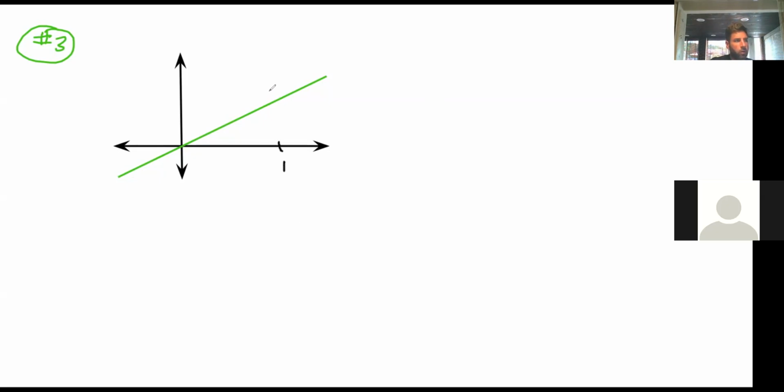Again, I'm not drawing this to scale. What is this point? This is the point (1, 1/4). And the region I'm interested in is this region that I'm going to shade yellow.